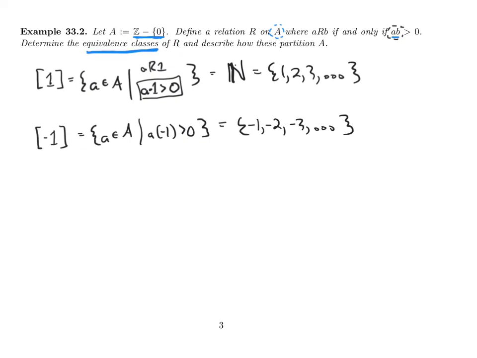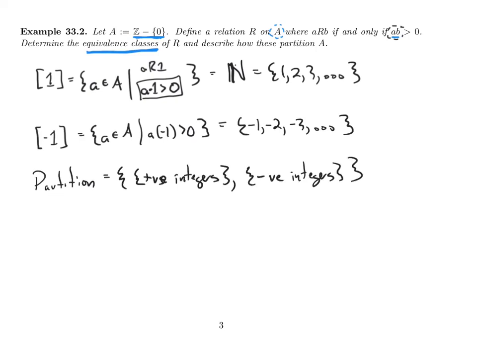Did that capture all of the elements of our set A? It did. All of the positive elements are here. All of the negative elements are here, and that's all of them. So our partition is, well, it's the set of positive integers in our first element and negative integers in our second element of our partition.